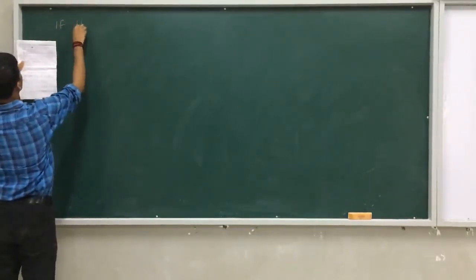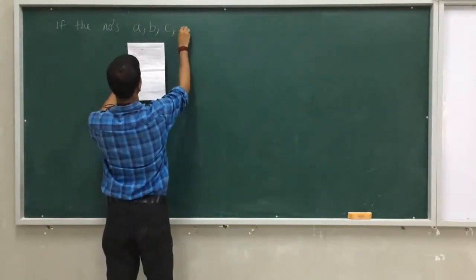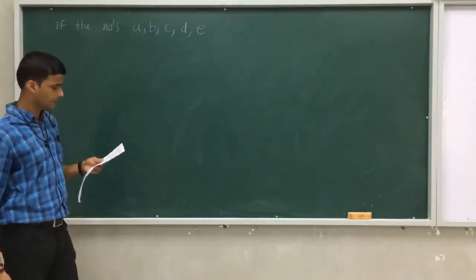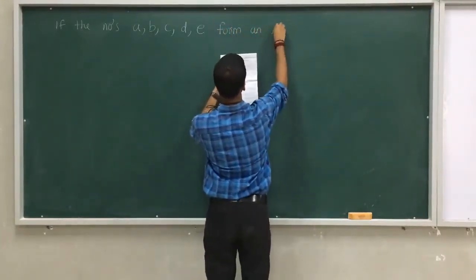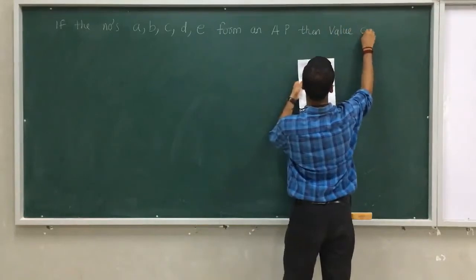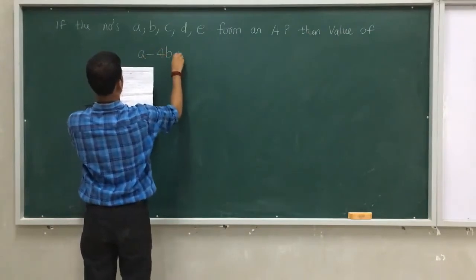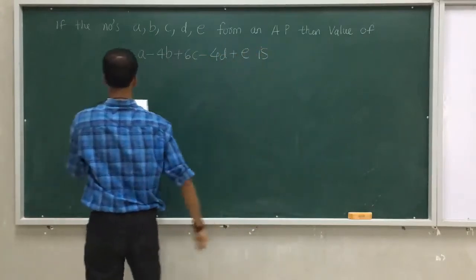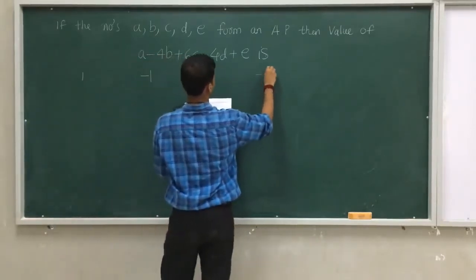If the numbers A, B, C, D, E form an AP, then the value of A minus 4B plus 6C minus 4D plus E is: first option is 1, second option is minus 1, third option is 0, fourth is 3.